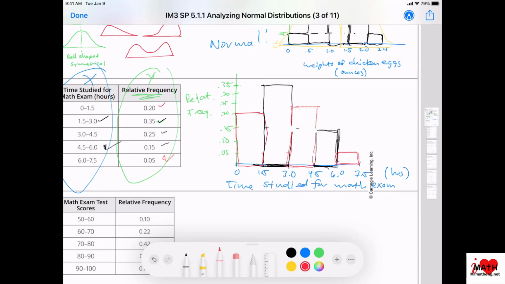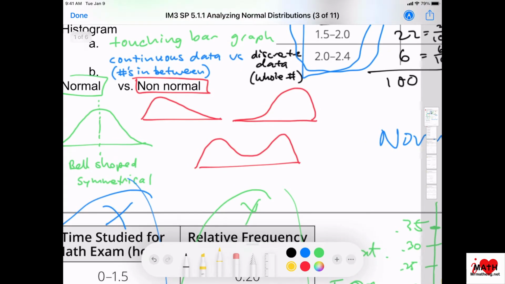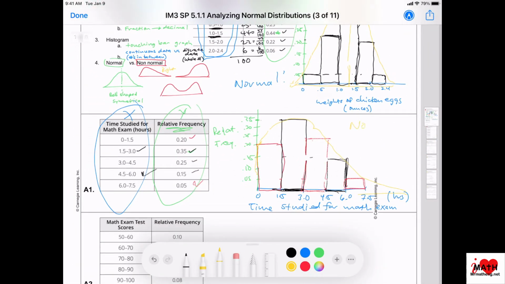And then we're going to take another color and just go over it. And what does my data look like? Okay, that looks like the one over here in red on the left side. That would be called skewed right because the tail is to the right. So this one is non-normal.